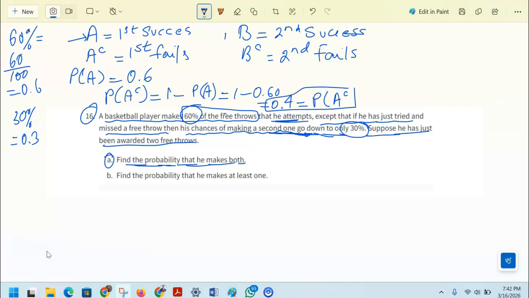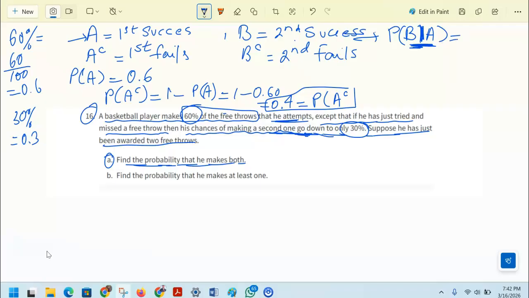Okay. Now let's go to the second part. The probability of B, the second success, has two parts. If A is a success, that means you already know the first one is a success. So this part should be understood: the chance that he makes the second shot knowing that he made the first one.